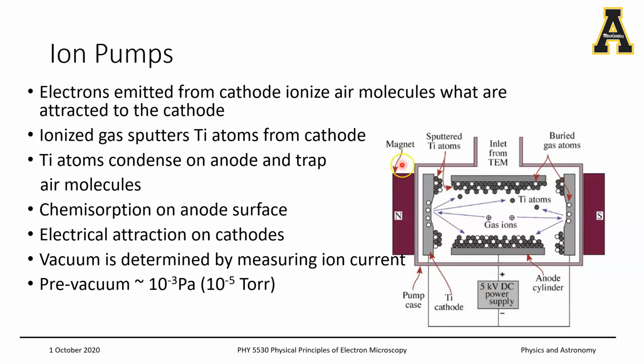You have a magnet. So this is your north pole and your south pole that encases the entire ion pump. So that means you have a magnetic field that's going from your north pole to the south pole in this direction. This is connected to your electron chamber on the top. And then you have these cathodes, which is basically ground, right? So you have titanium cathodes, one plate here and another plate here.